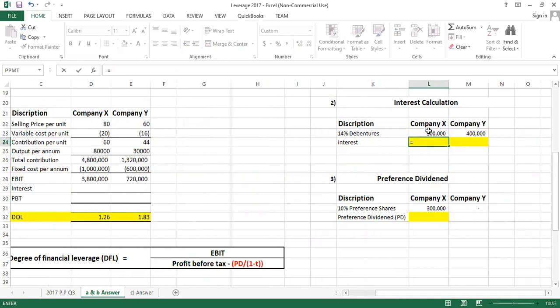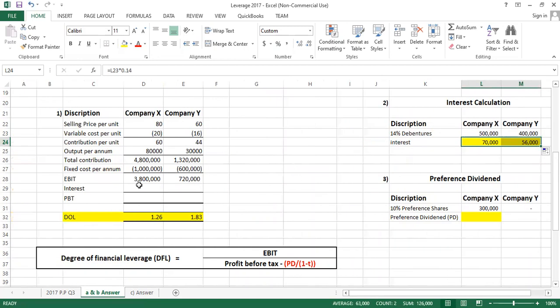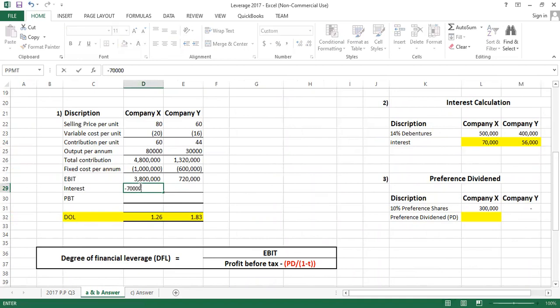Interest equals 500,000 multiplied by 14%. So company X interest is 70,000. Likewise, company Y interest is 56,000. Then less the interest cost: 70,000 and company Y interest is 56,000.